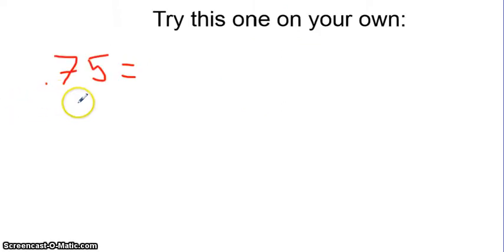So when we look at this next one, I'd like you to try this one on your own and pause the video as far as how to convert 0.75 to a percent. And when we look at 0.75, we think about it as 75 hundredths. So 75 hundredths will be over 100, and we have 75 that goes on top.